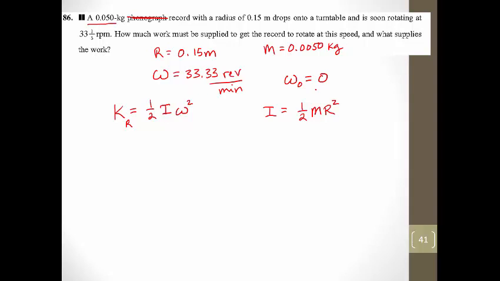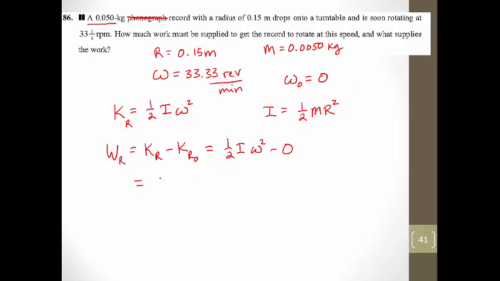And we know what omega is. So the work done is the change in kinetic energy, the final minus the initial. That means I have 1/2 I omega squared minus 0, because it wasn't doing anything before I turned the record player on.